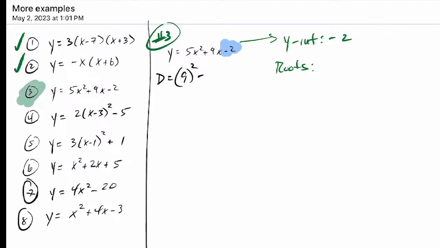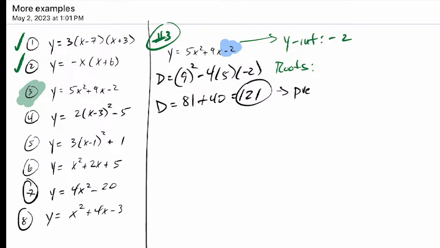If I go ahead and calculate that discriminant, you'll see here I end up getting 81 plus 40 is 121. That is a perfect square, right? So like we talked about, that's a perfect square, so I should be able to factor this using charting. Let's go ahead and do that.